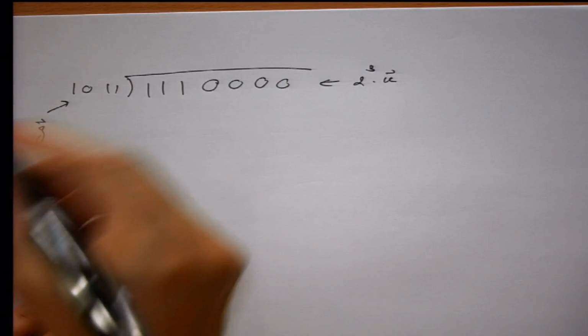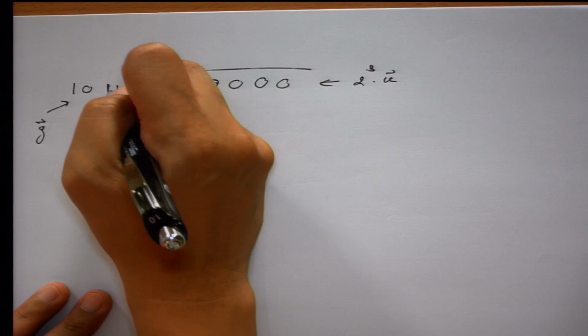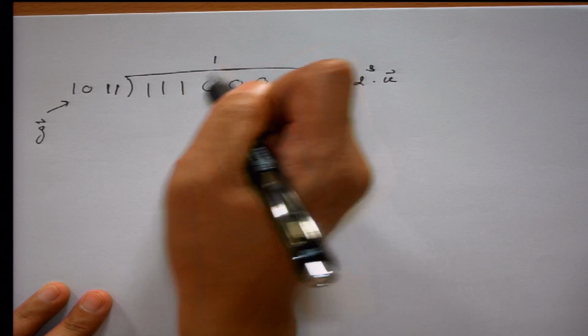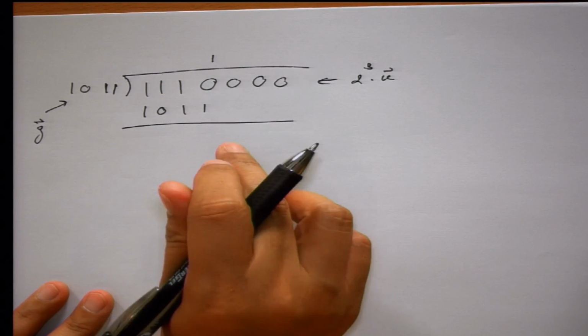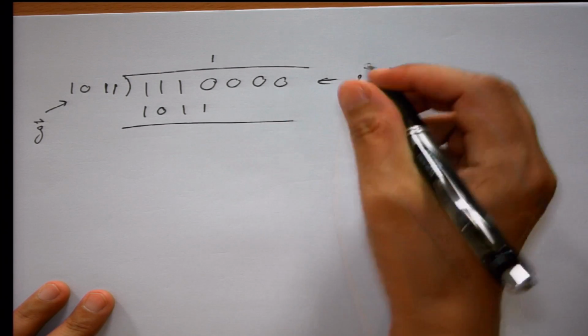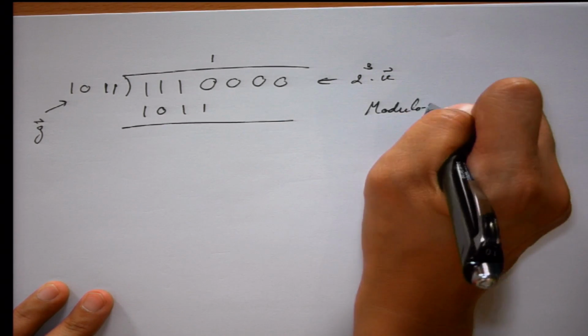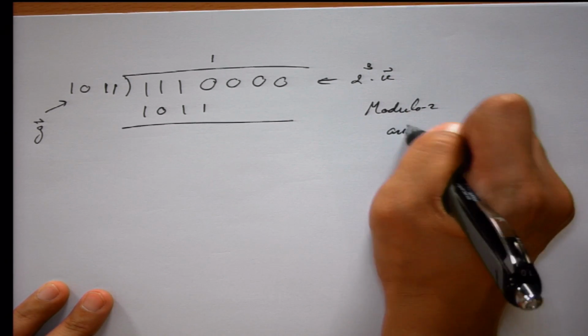First, when you want to divide this, you got 1, right? So this is 1011. Now, when you add, you do modulo 2 arithmetic.